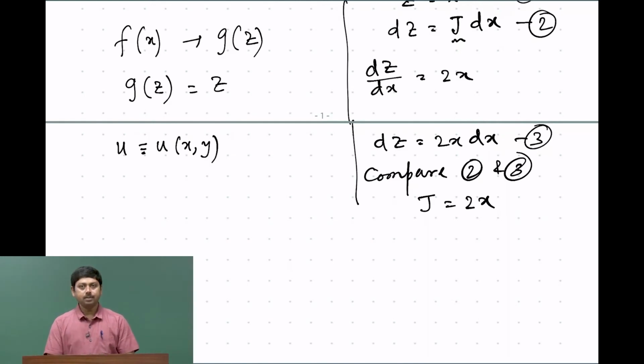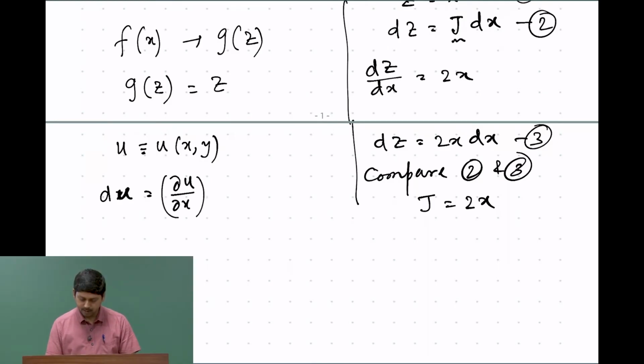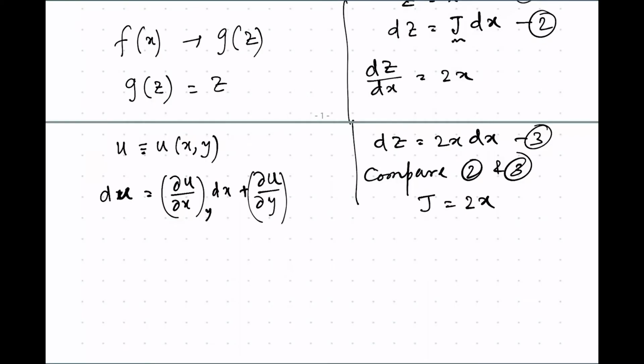When that happens, we can write du as the total differential: del u by del x dx at a constant y, of course, plus del u by del y dy. I am writing u as a small letter; it does not necessarily mean the internal energy, it is just some function u of x and y variables.